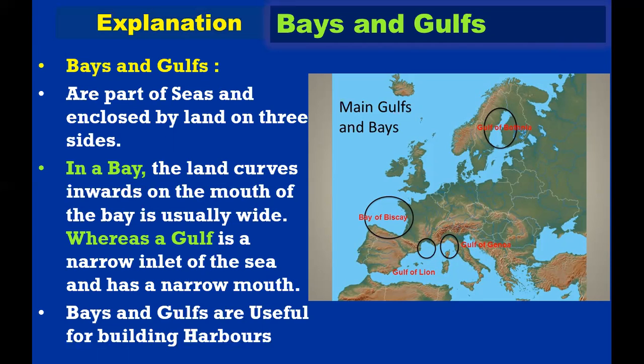They are protected from the storms of the high seas, and they are very useful for building harbors where ships can safely anchor and we can load or unload the cargo. Also, deep gulfs and bays are preferred for building harbors. So a harbor is a place where the ship can come and stop.